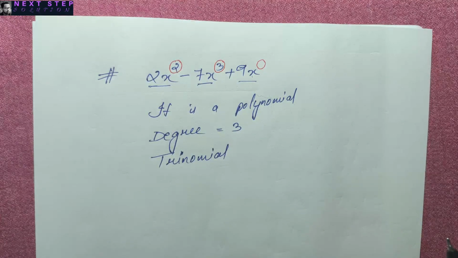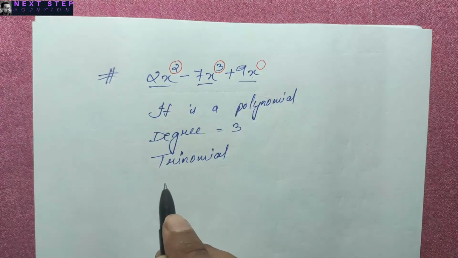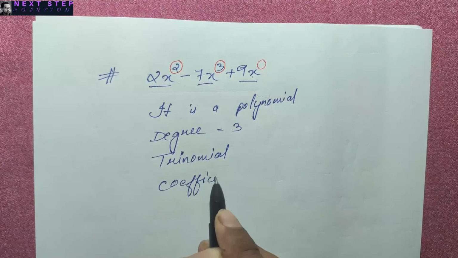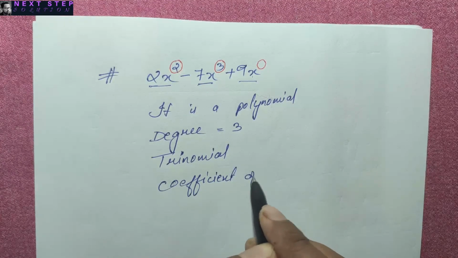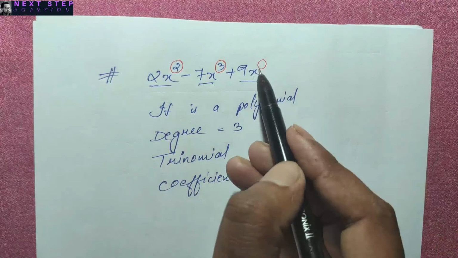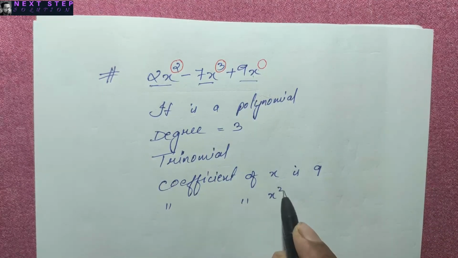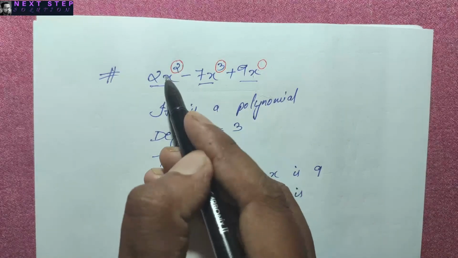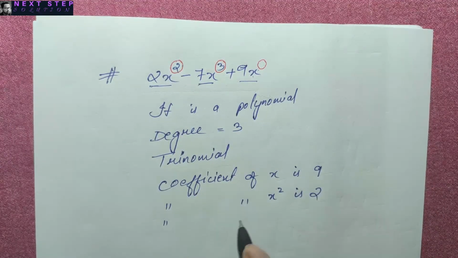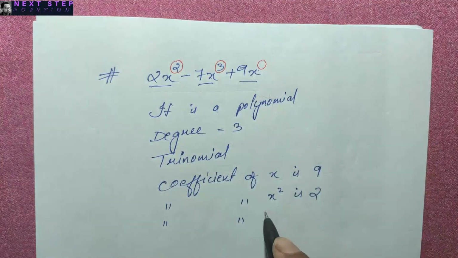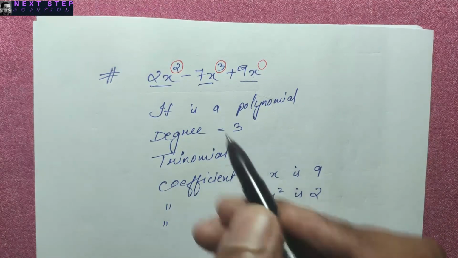Then again, what is the coefficient of x here? The coefficient of x is 9. The coefficient of x square is 2. What is the coefficient of x cube here?